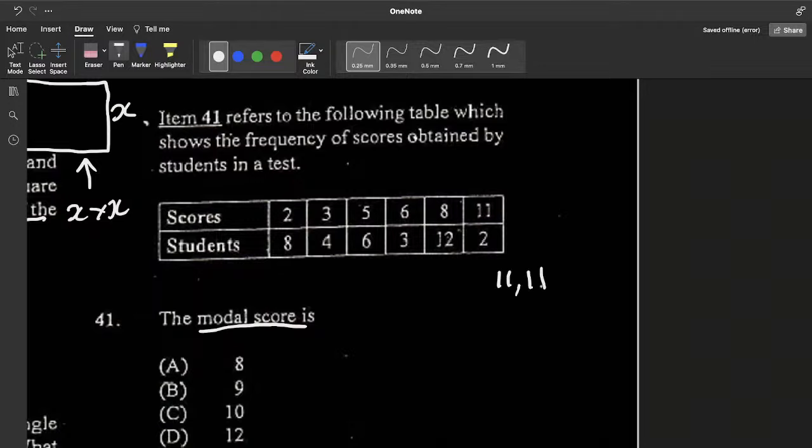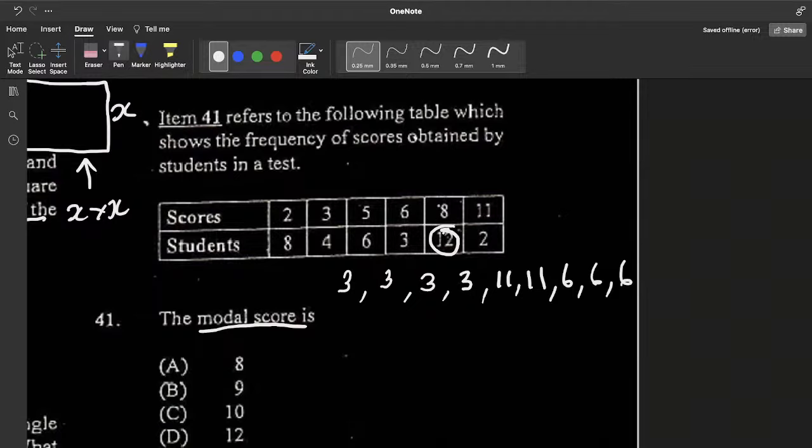If I'm looking at the 6, that means somebody got 6, somebody else got 6, someone else got 6. With this one here with a 3, someone got a 3, another person got a 3. Basically, we end up with 4 people with 3s. We had 8 people with 2s, 6 people got 5s, and so forth. So clearly in this case, the one with the highest number of students was the one that gave us the 12. Which score gave us 12?